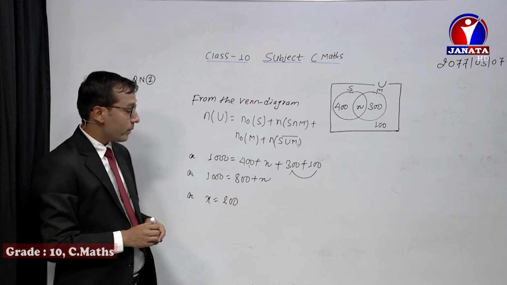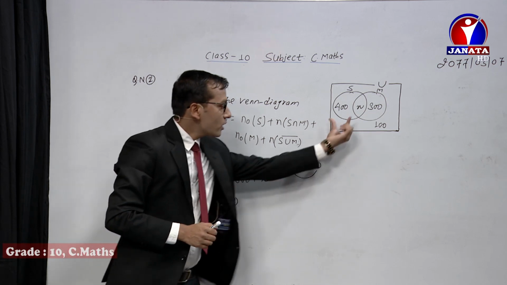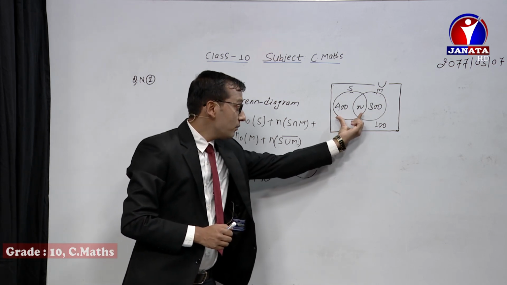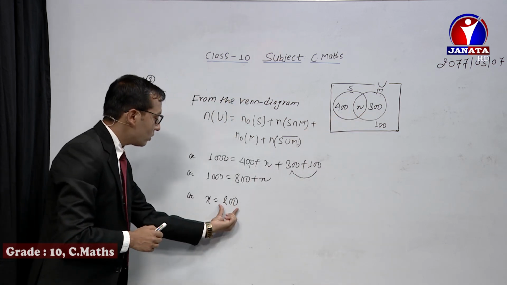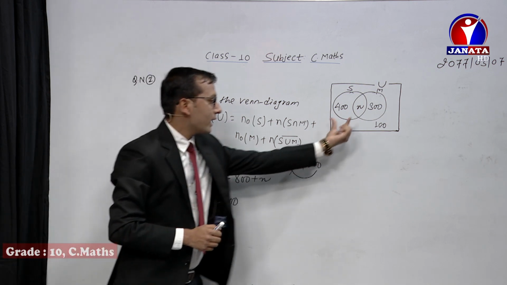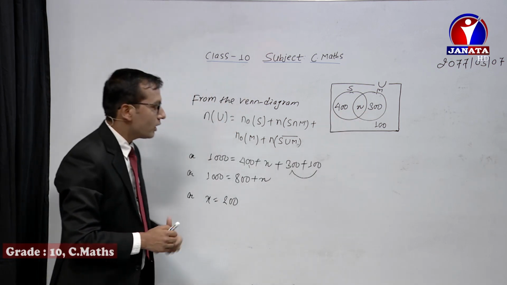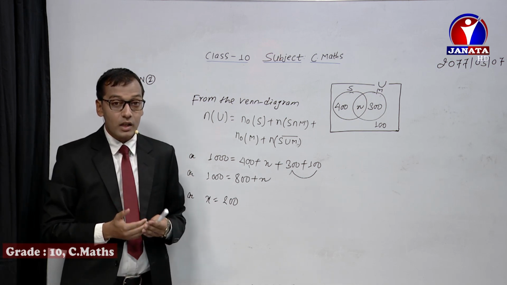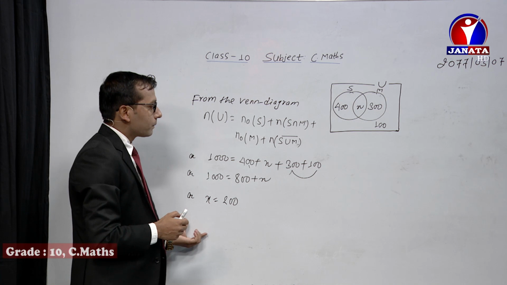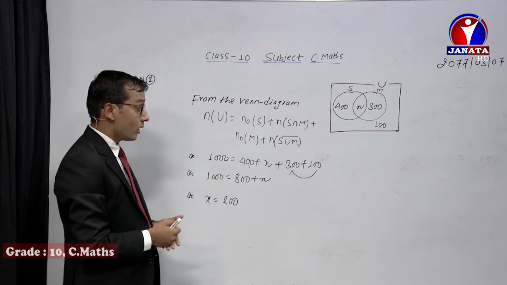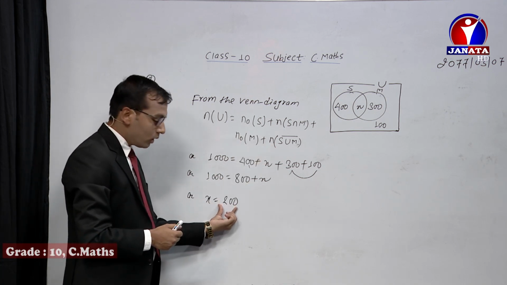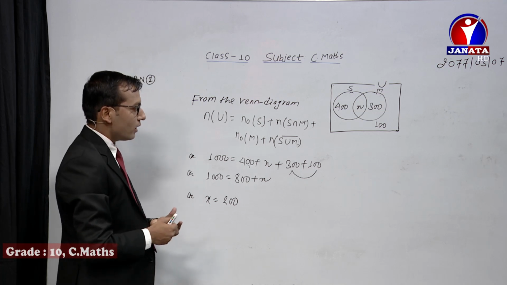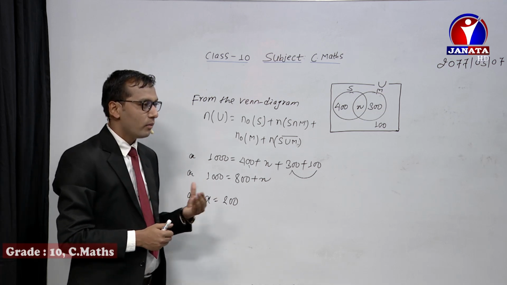We can also replace X by 200 in the diagram, but this is not necessary, because here we are not asked to show the results in the Venn diagram. So therefore 200 students failed in two subjects, science and math.